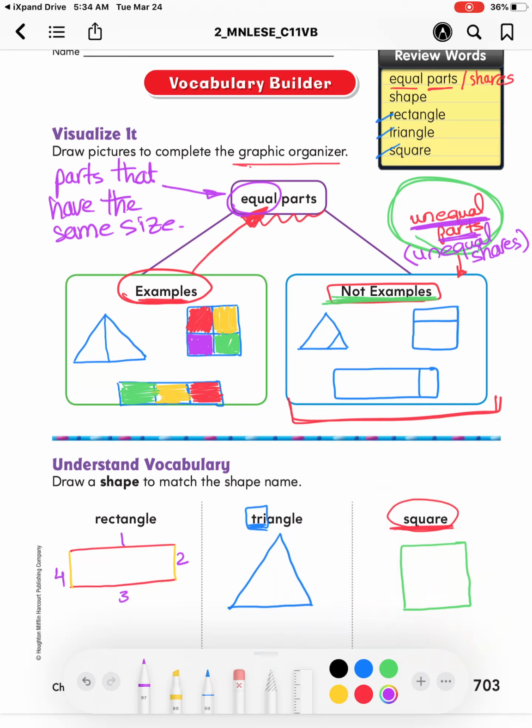We have 3 sides and 3 vertices or corners. For the square, we have 4 sides and also 4 vertices or corners.